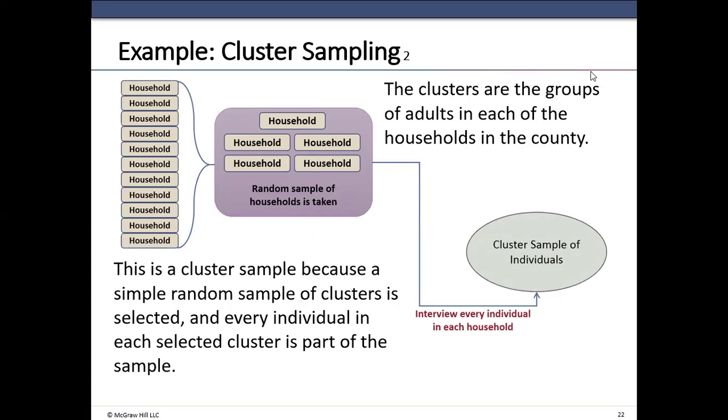This is cluster sampling because a simple random sample of clusters is selected, 5 out of 11, and every individual in each selected cluster is part of that sample. So we have a cluster sample of individuals: we interview every individual in each selected household.